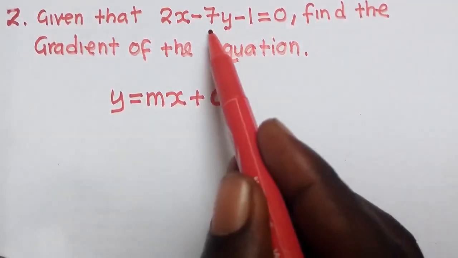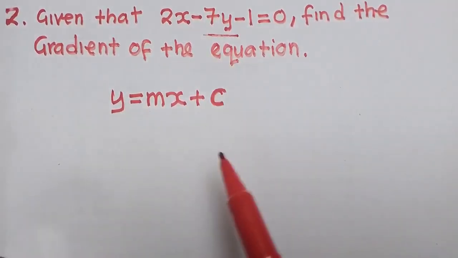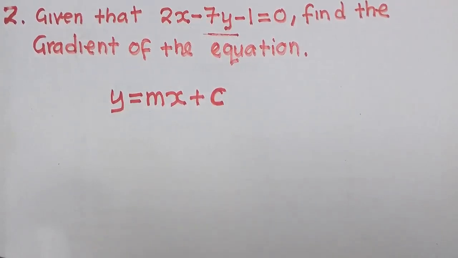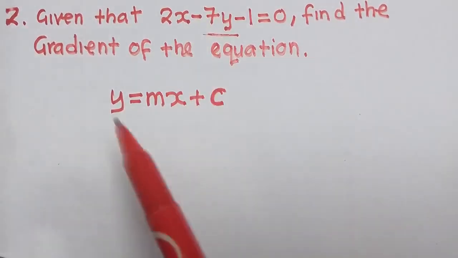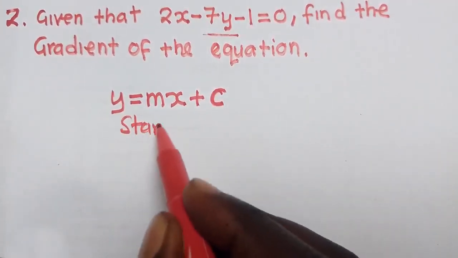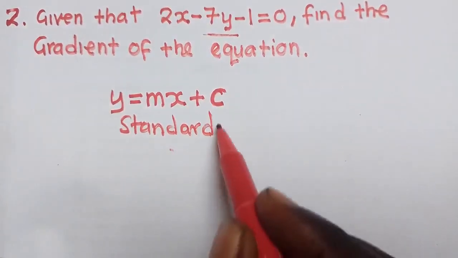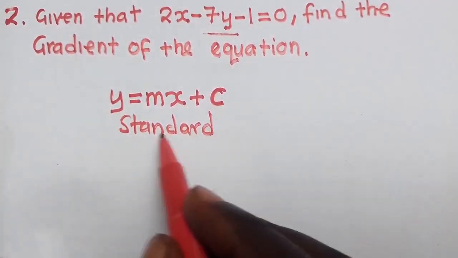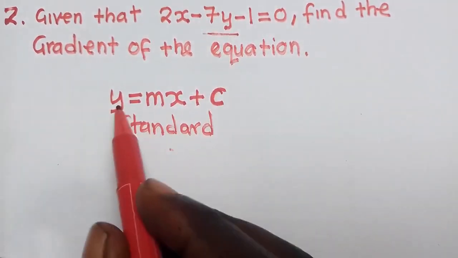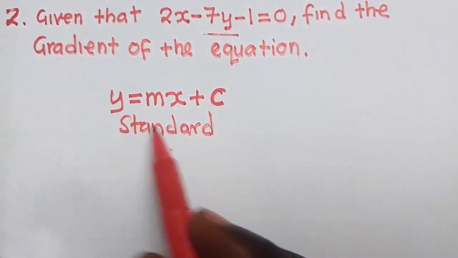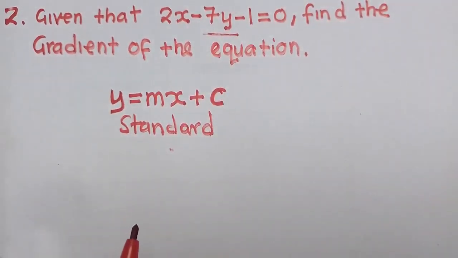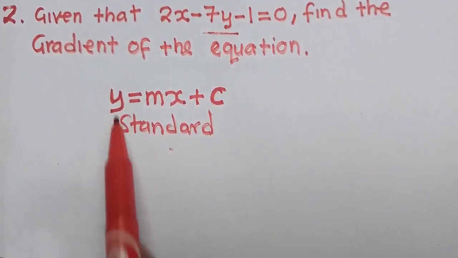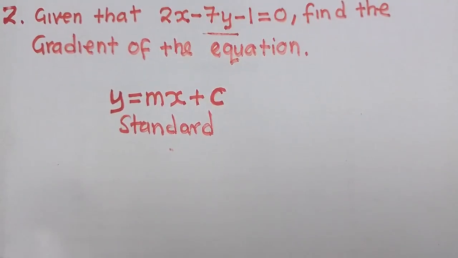Whenever you are given an equation and told to find the gradient, you need to make sure that you express the given equation in this standard. In other words, you need to make y the subject of the formula. Have you seen y has been made the subject of the formula?